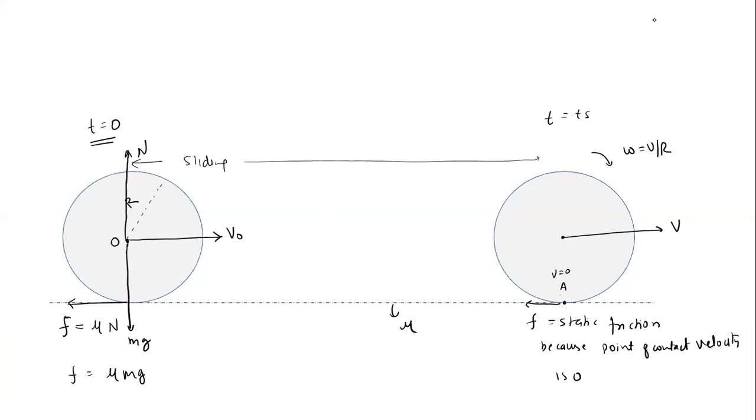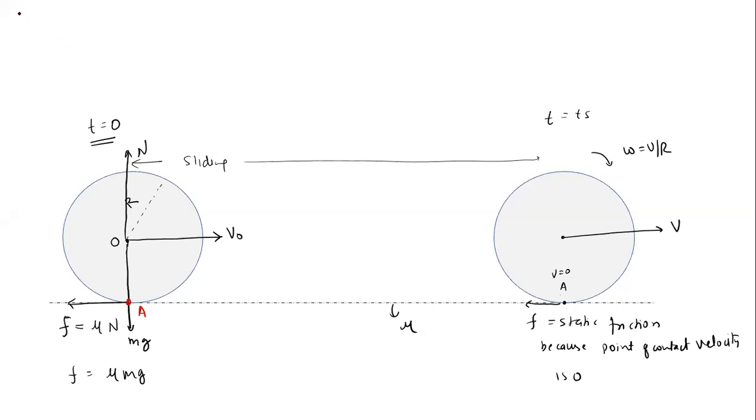The point where all the forces are passing. Am I correct? So if I take the point of contact A, can I say that at this point the net torque will be zero?